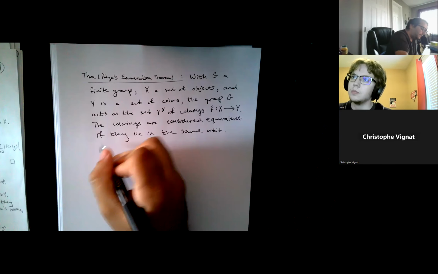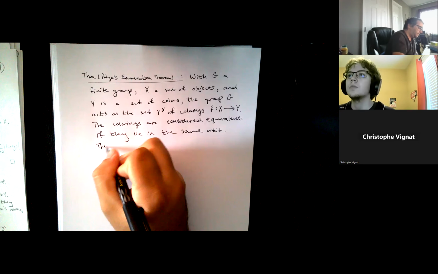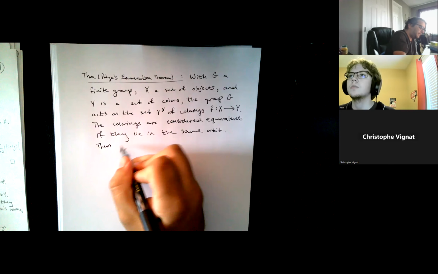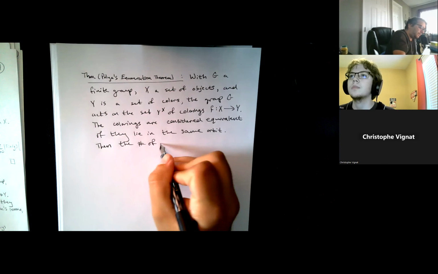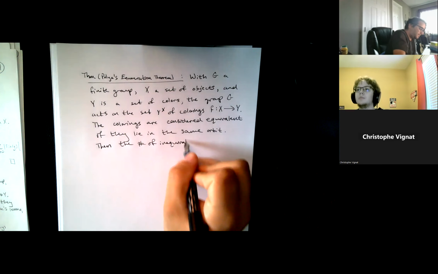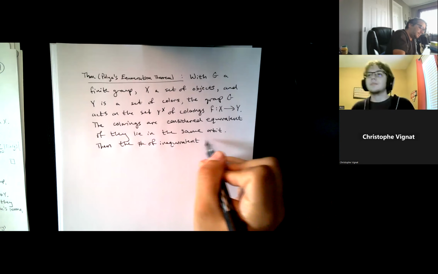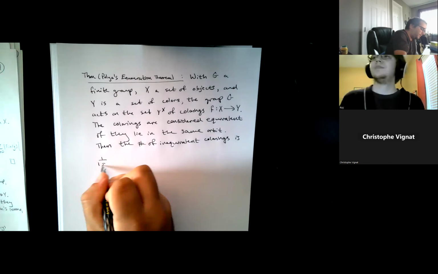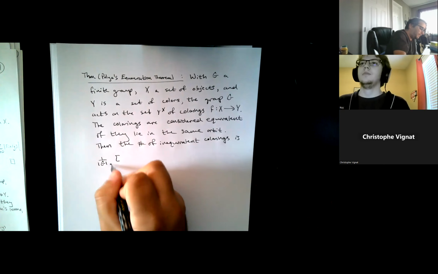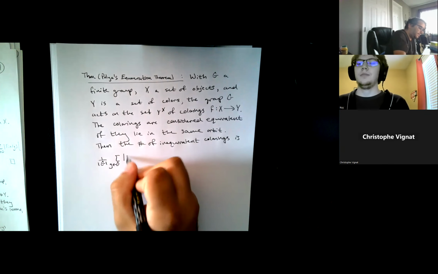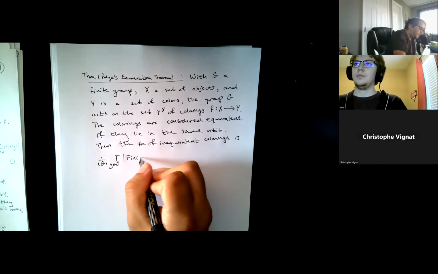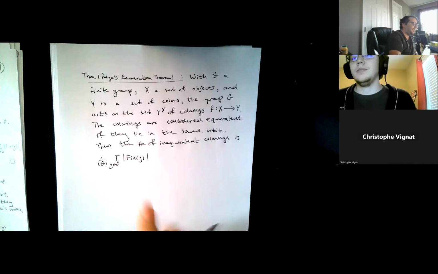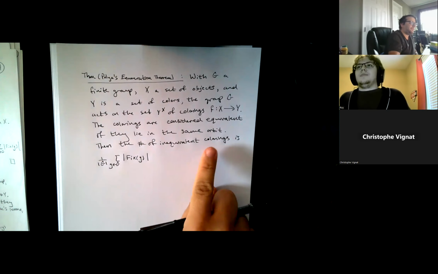Okay, then the number of equivalent colorings is 1 over the order of G, the sum over g in G. So this is Burnside's lemma, right? It's the number of orbits.